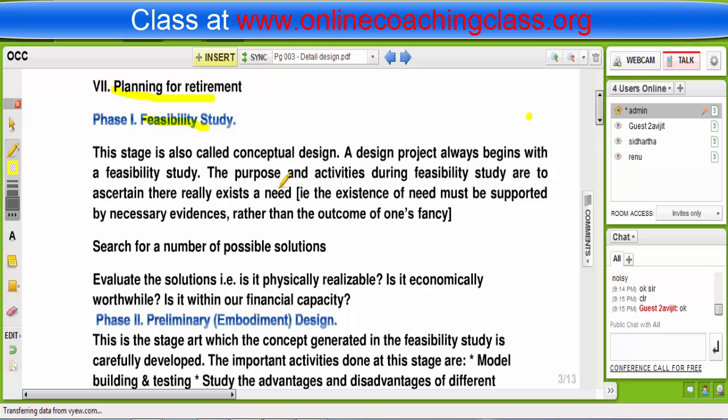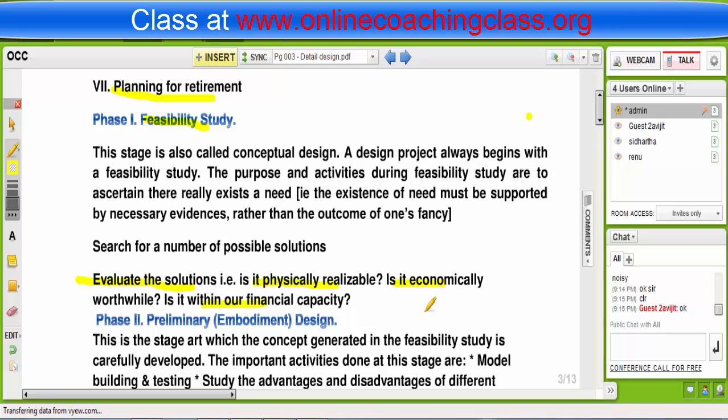Okay. Now see, in this stage we should always ask ourselves: what are we going to design, is it physically realizable, is it economically worthwhile, is it within our financial capacity? You always ask these three questions.